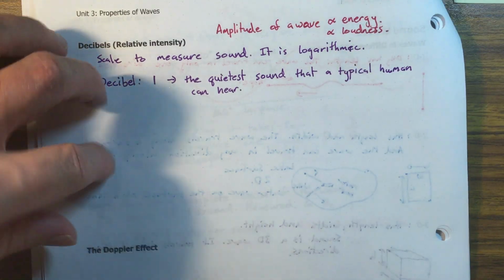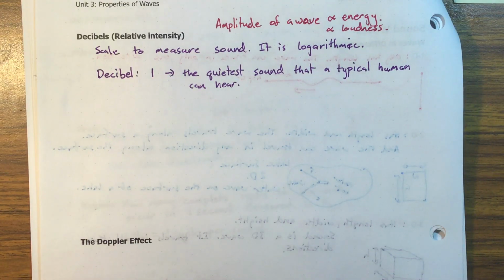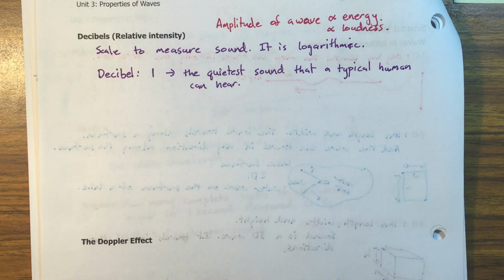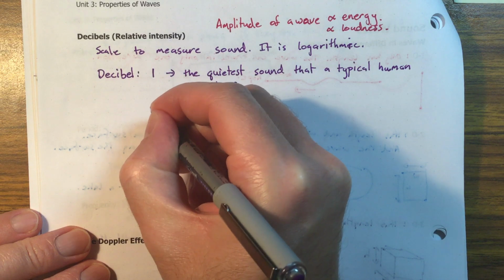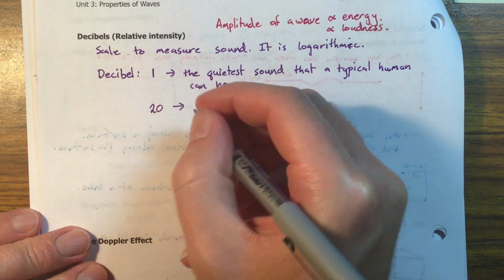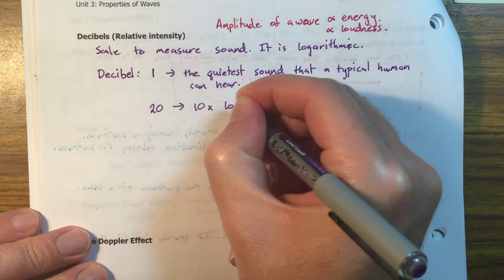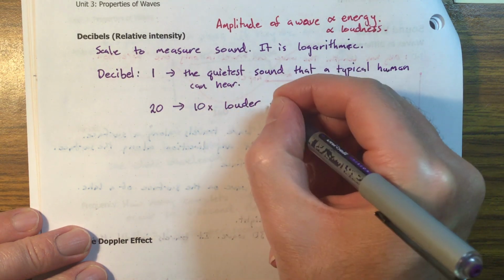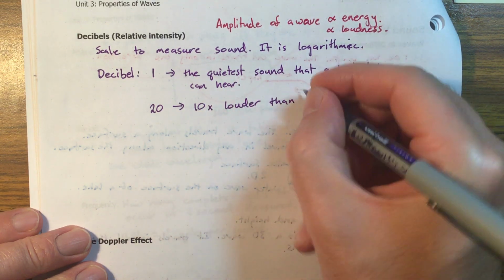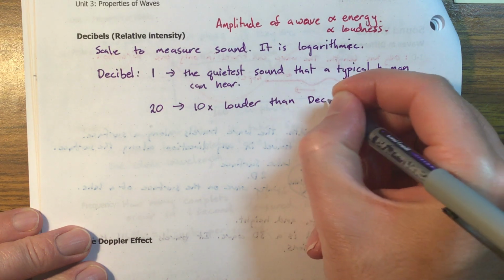So bigger amplitude, more loudness. So decibel 1 is very small. The next one is 20. At decibel of 20, this is now 10 times louder than decibel level 1.